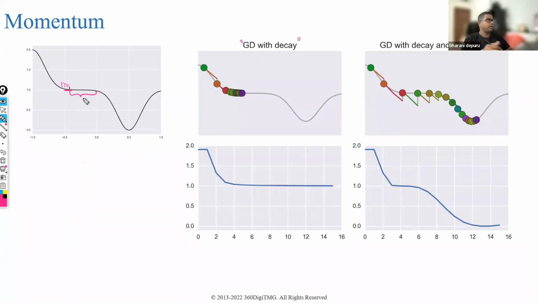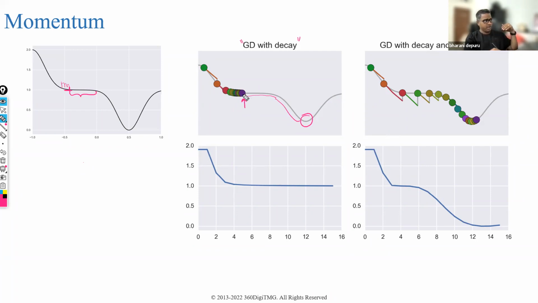But what if you have a surface like this? What if, instead of stopping here, your algorithm moves slightly further, so that you can reach a better minimum loss? How can I reach there? For that, there is something called momentum. Momentum is some kind of a push. Imagine a ball that you're rolling, and if the ball comes and stops there, finish, the algorithm stops.